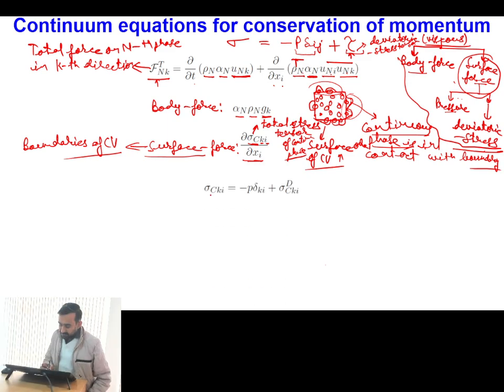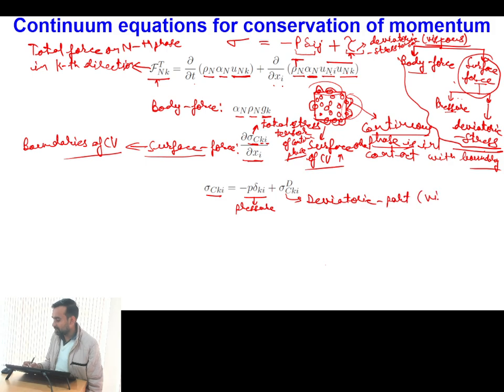So this total stress tensor sigma c ki will be equal to minus p into delta ki, which is the pressure term, plus sigma c ki, and in the subscript I am using d to represent the deviatoric part, and this deviatoric part comes into the picture only because of the viscous effect.